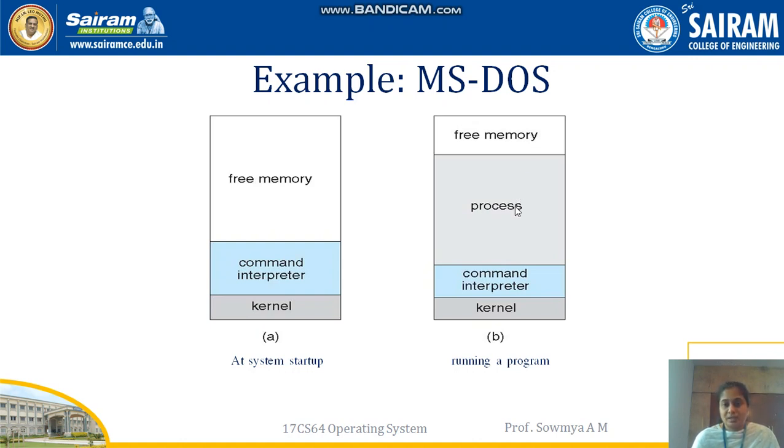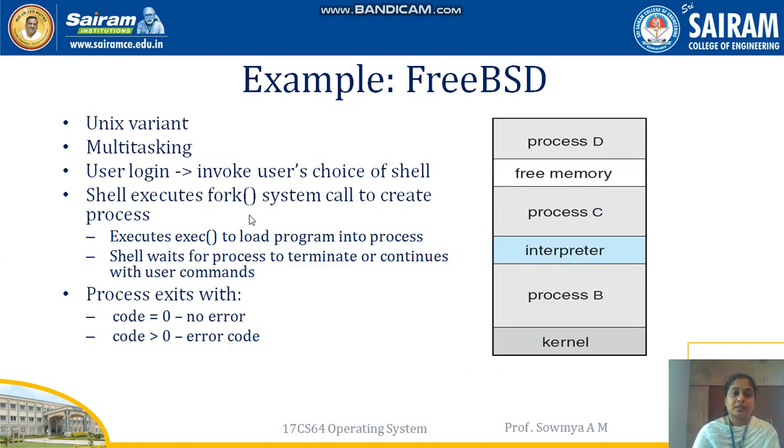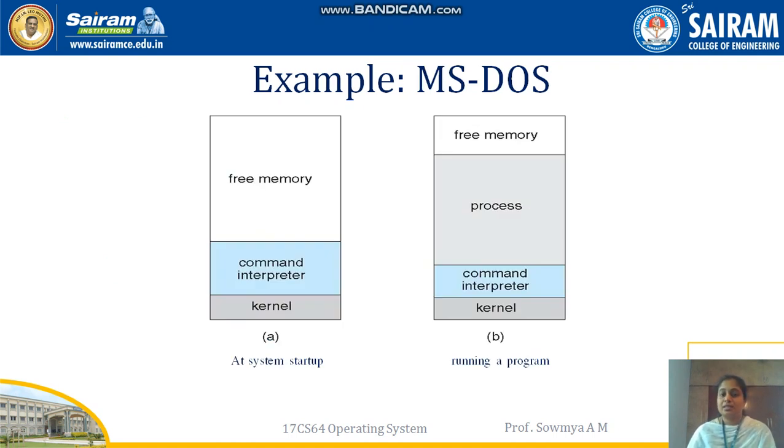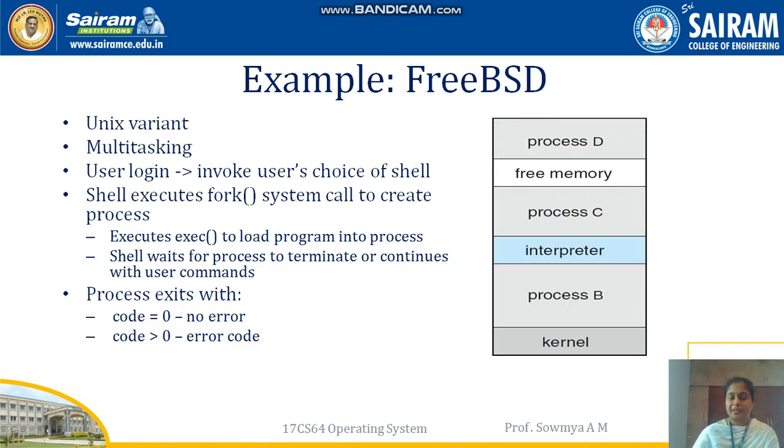If the process data increases, free space will be utilized. When the process execution is done, the process leaves main memory and this block is freed for free memory access. MS-DOS is a single processing system. We can execute only one process at a time.